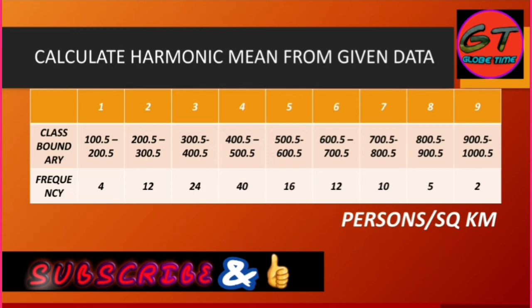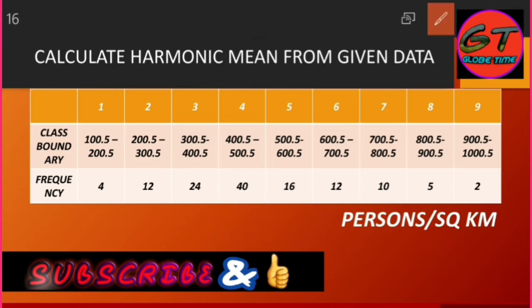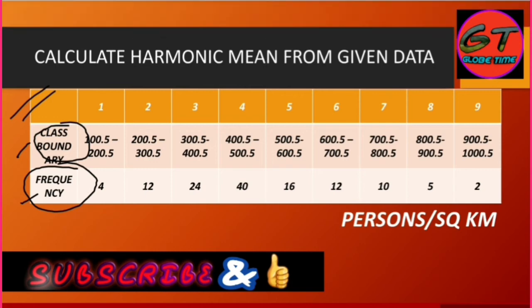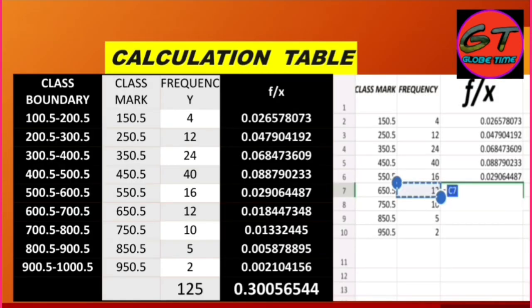And now group data series. Our question has two columns: one column is class boundary and then frequency. Start the calculation.